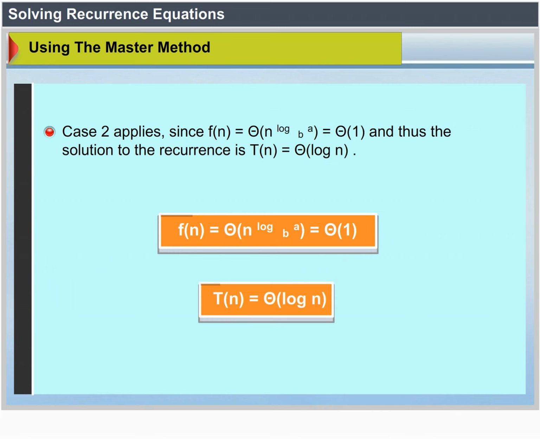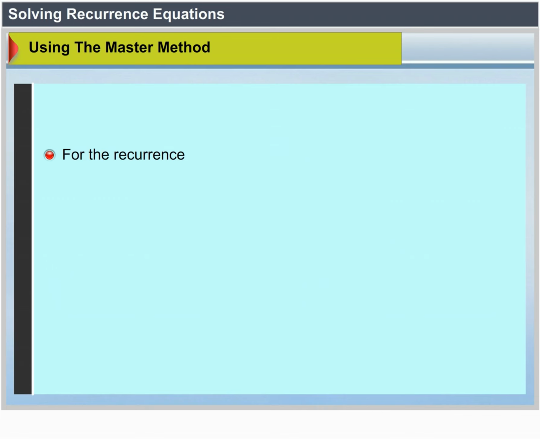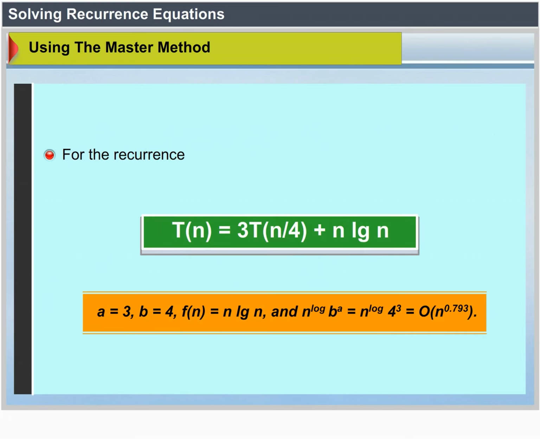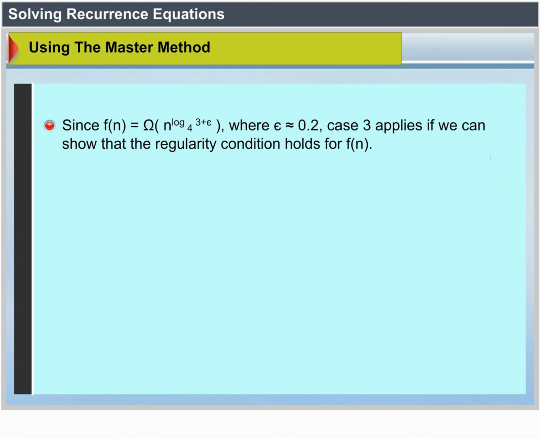For the recurrence T(n) = 3T(n/4) + n log n, a = 3, b = 4, f(n) = n log n and n^(log_b a) = n^(log_4 3) = O(n^0.793). Since f(n) = omega of n^(log_4 3 + epsilon), where epsilon is approximately equal to 0.2, case 3 applies if we can show that the regularity condition holds for f(n).